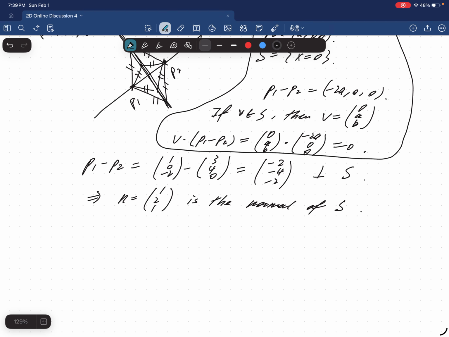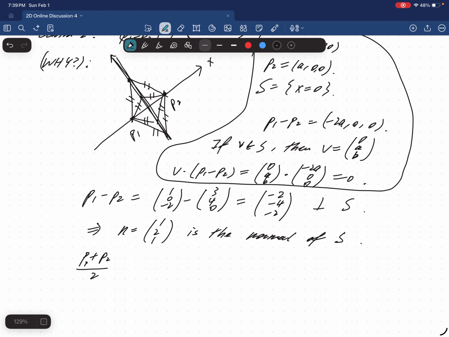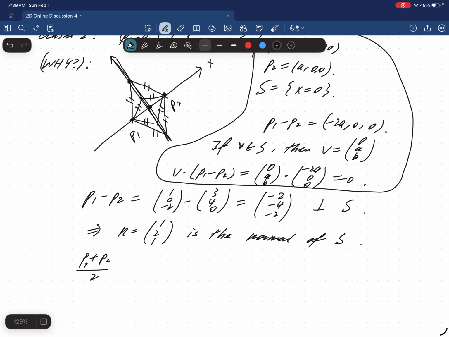So I have the normal, I just need another point that is on S in order to get the equation for S. But for sure I know that 1/2 of P1 plus P2, which is just the midpoint of P1 and P2, must be in S. Because clearly the midpoint of P1 and P2 must be the same distance from both P1 and P2.